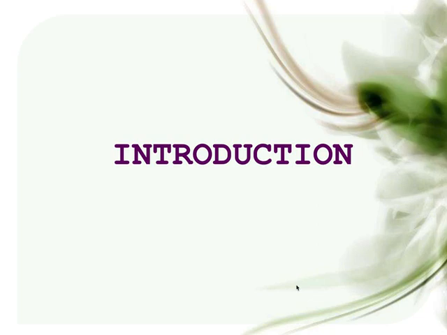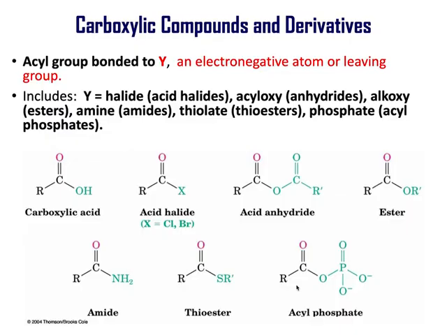Okay, so look at the introduction, for the nomenclature of the carboxylic compounds and derivatives. For your information, the acyl group is bonded to Y, where Y is an electronegative atom or leaving group.